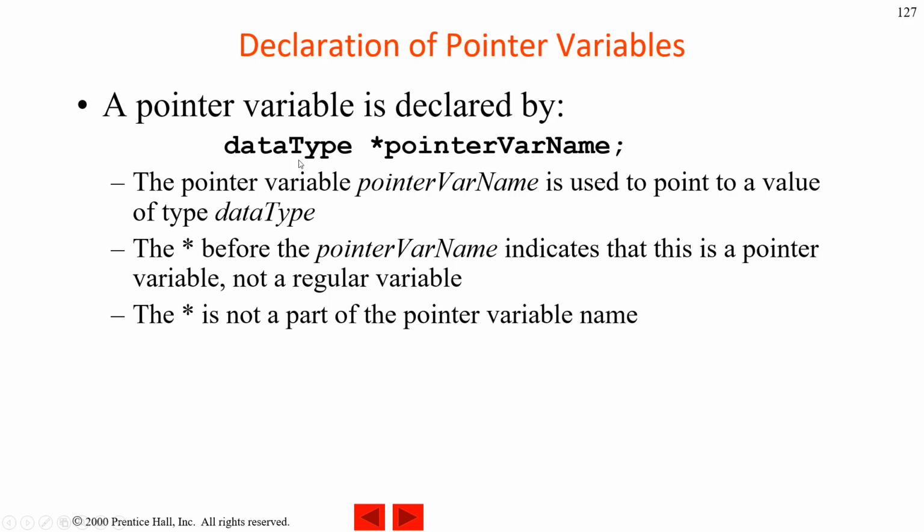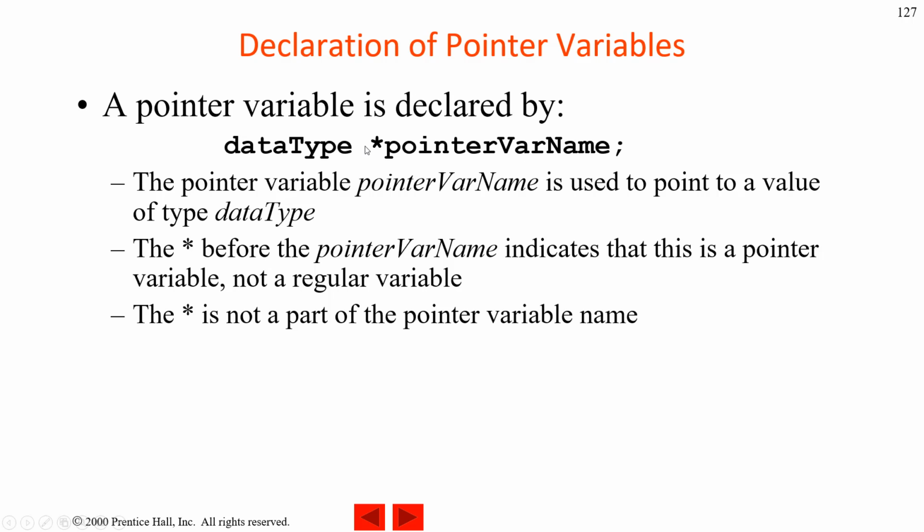This is how the syntax of a pointer looks like. So the data type will be the type of data for which I want to store the pointer. So the data type here can be integer, can be float, can be double, can be character, or any other thing. And this asterisk here along with the name, so this is the name of the pointer, denotes the fact that this variable is not a normal variable, rather it is a pointer variable.